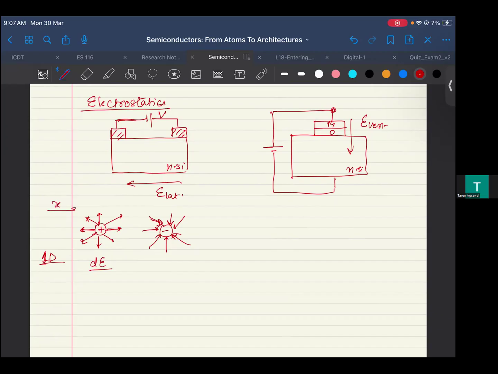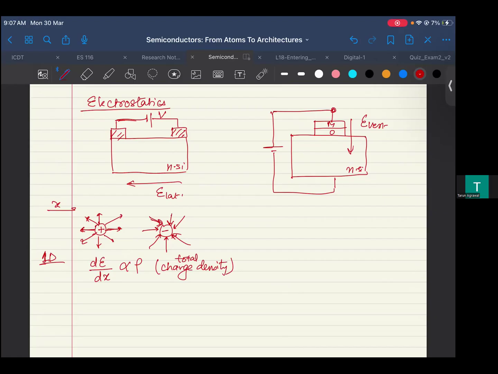We see that dE by dx is proportional to rho. Rho is the charge density, and we'll talk about the charge density in another video, the different kinds of charge we have in semiconductors. As of now, this is the total charge density at some point in the semiconductor.